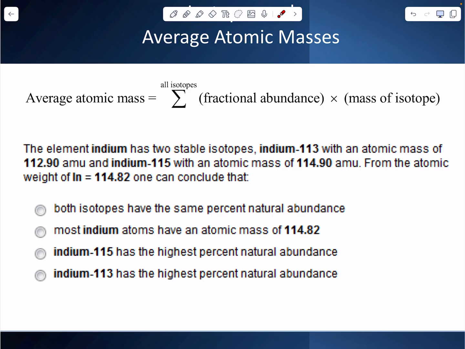So we've got indium. It has two stable isotopes, okay? One of those isotopes has an atomic mass of 112, and then the other has an atomic mass of approximately 115 atomic mass units, okay? All right, and I haven't told you anything about the abundance of those, but we're telling you that the mass of indium, the average atomic mass, so this is the thing that we've been calculating, right?